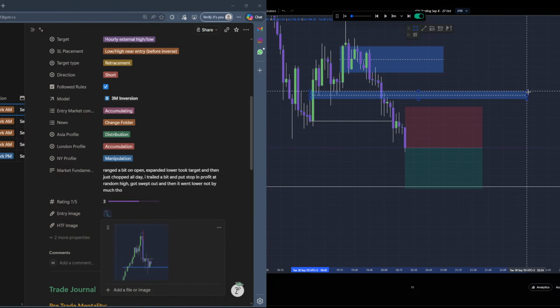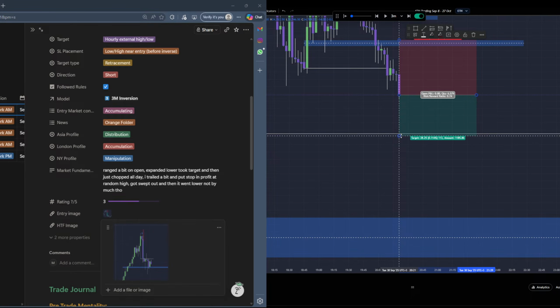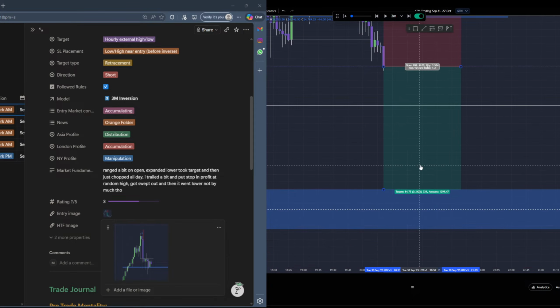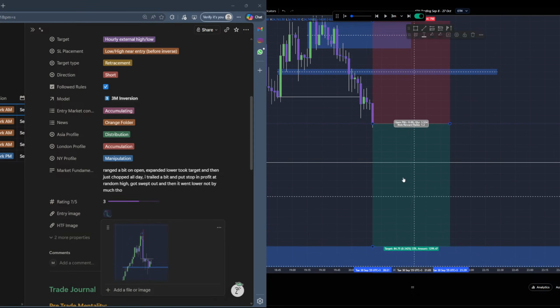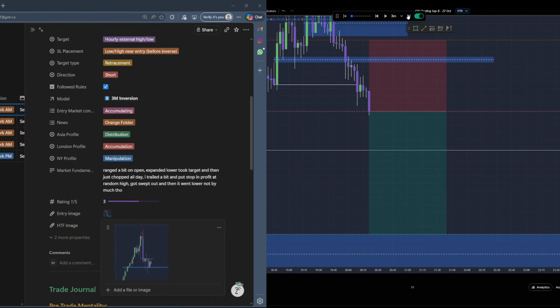Got this gap. Good stop loss there. Could do that, not enough. So I'll just have to target the gap. Have this gap open here, so I'll leave it like that.